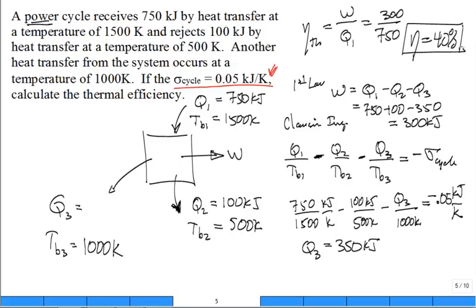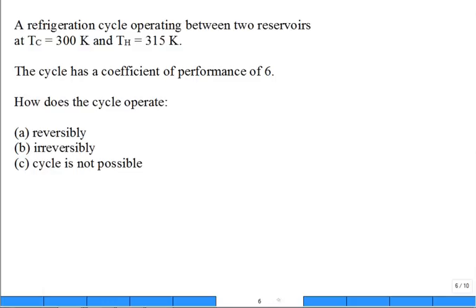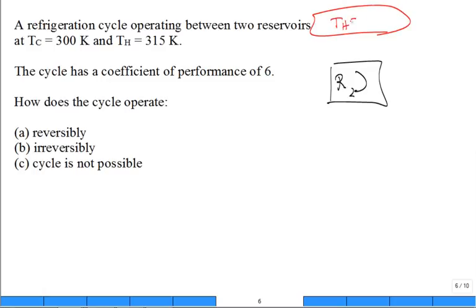Okay, let's continue on. A refrigeration cycle operating between 2 thermal reservoirs. TC is given, TH is given. Let me make a sketch right here. It's a cycle. This is a refrigeration cycle. I'll draw it as a hot TH of 315 Kelvin and TC of 300 Kelvin.